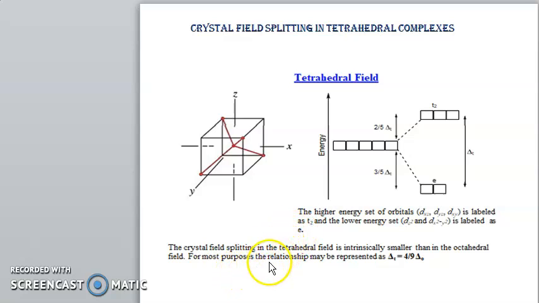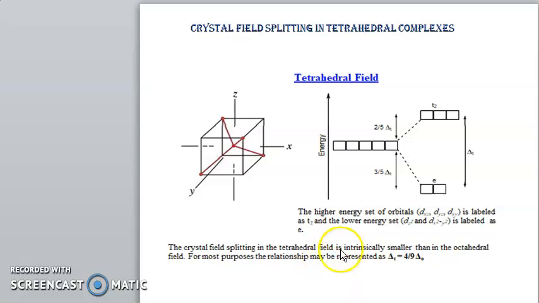The crystal field splitting in the tetrahedral field is intrinsically smaller than in the octahedral field. For most purposes, the relationship may be represented as del T is equal to 4 by 9 del O. Here is the relation: del octahedral is greater than del tetrahedral.